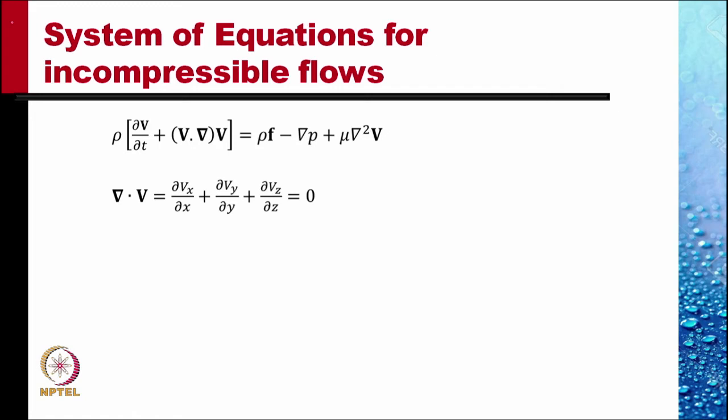So we need a 4th equation. And the continuity equation del dot V equals 0 constitutes the 4th equation to complete the system of equations for incompressible flow, assuming that rho is constant throughout the flow.